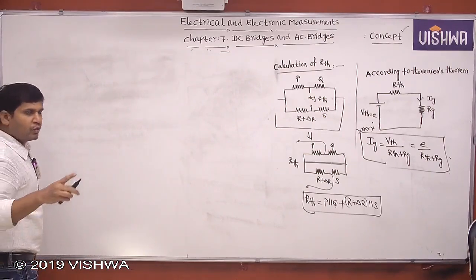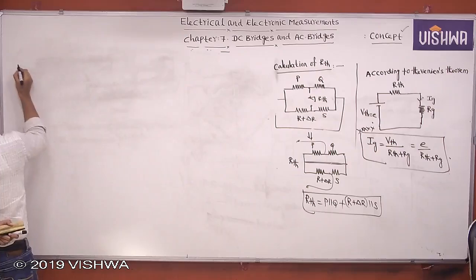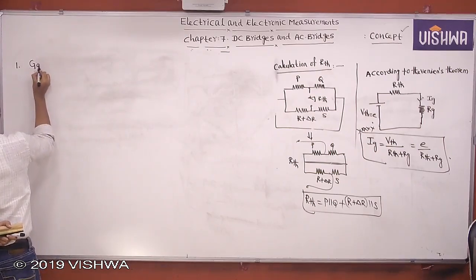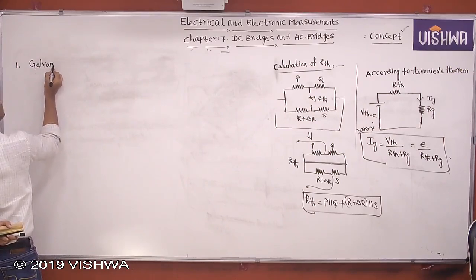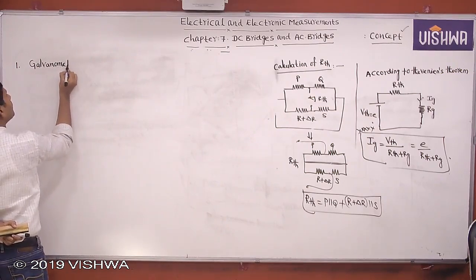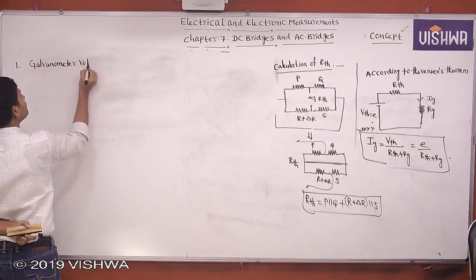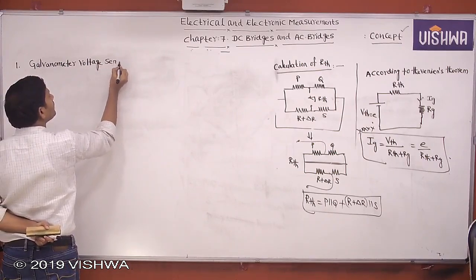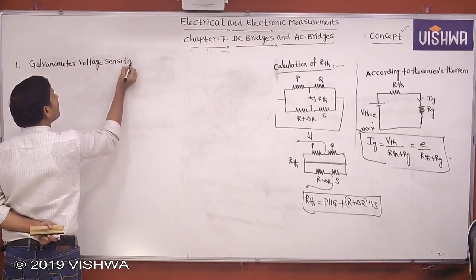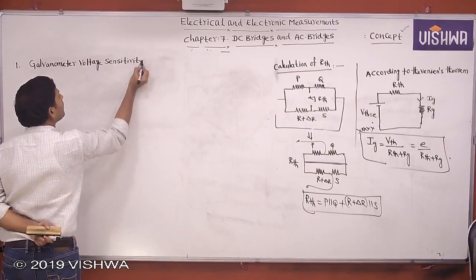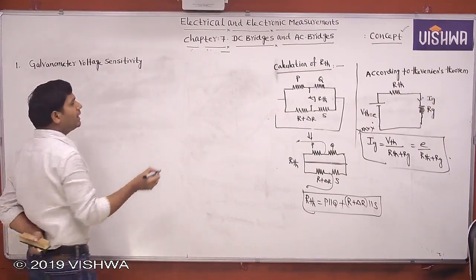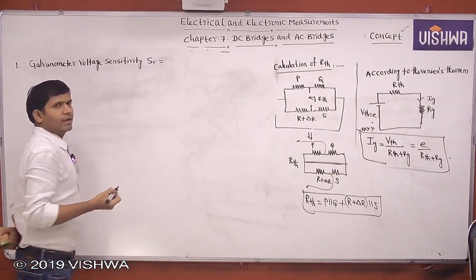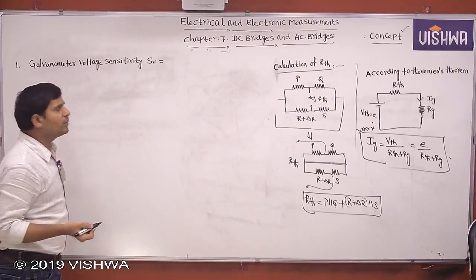Here I want to define three types of sensitivity. The first one is the galvanometer voltage sensitivity. Very important formulas, all these. Galvanometer voltage sensitivity is denoted by SV.